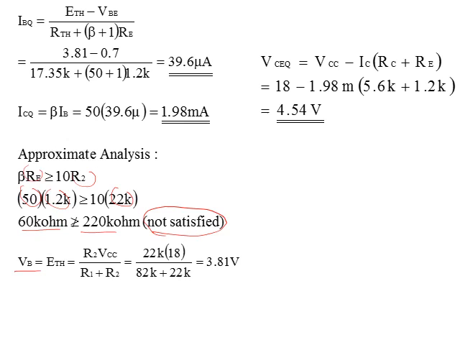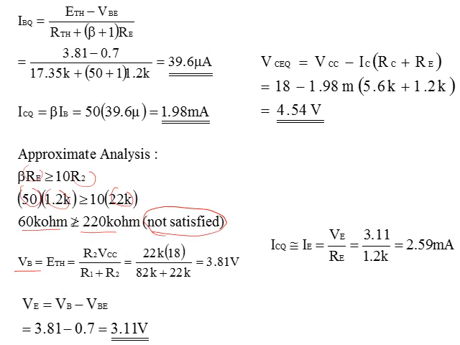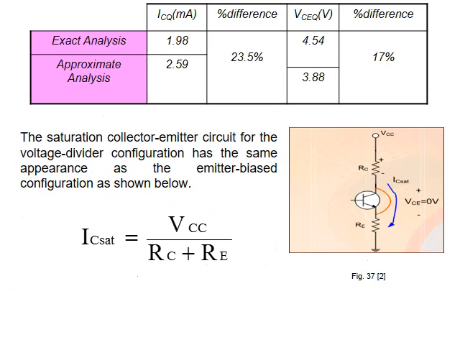V base emitter, as we discussed, we got it. Then we go to V emitter, then I emitter, which is ICQ, then VCE. Let me compare. The same example, analyzed using exact, we got ICQ with this value and VCE this value. We applied the approximate, even though the condition is not satisfied, and we find this IC and this VCE.